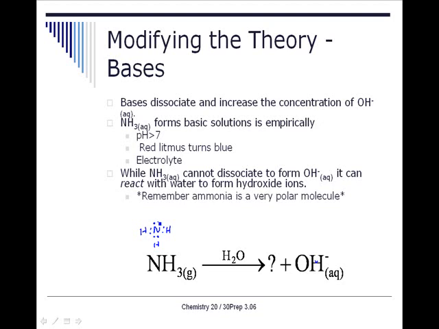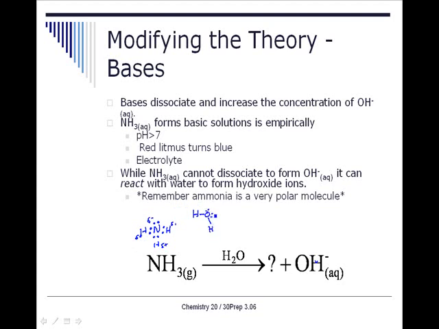And this nitrogen is very electronegative, and those hydrogens are very weak when it comes to holding on to their electrons. So each one of these bonds is very polar. Each of the hydrogens is a little bit positive, and this nitrogen is negative. Now, if we put this in water, if we surround it by millions and millions of water molecules, what can happen is, again, we have another very polar molecule.